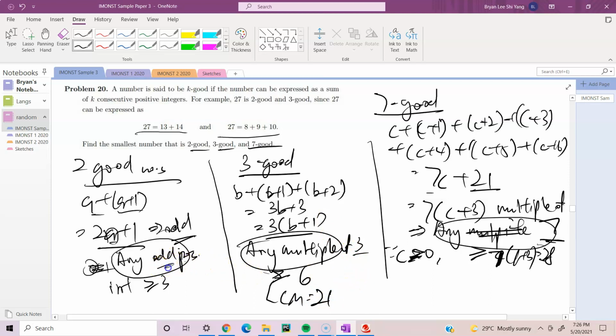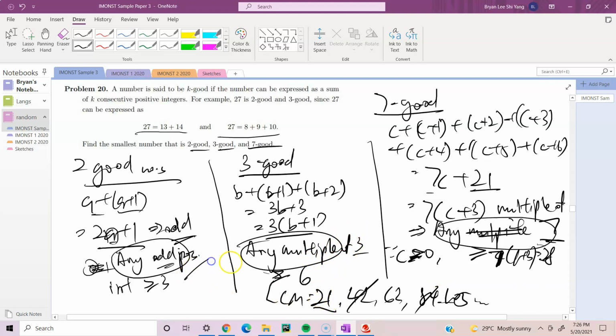Since it's odd, it will be 21, 63, 105, and such. The even ones like 42, 84, 126, and the like are eliminated, so we're left with 21, 63, 105, and such.